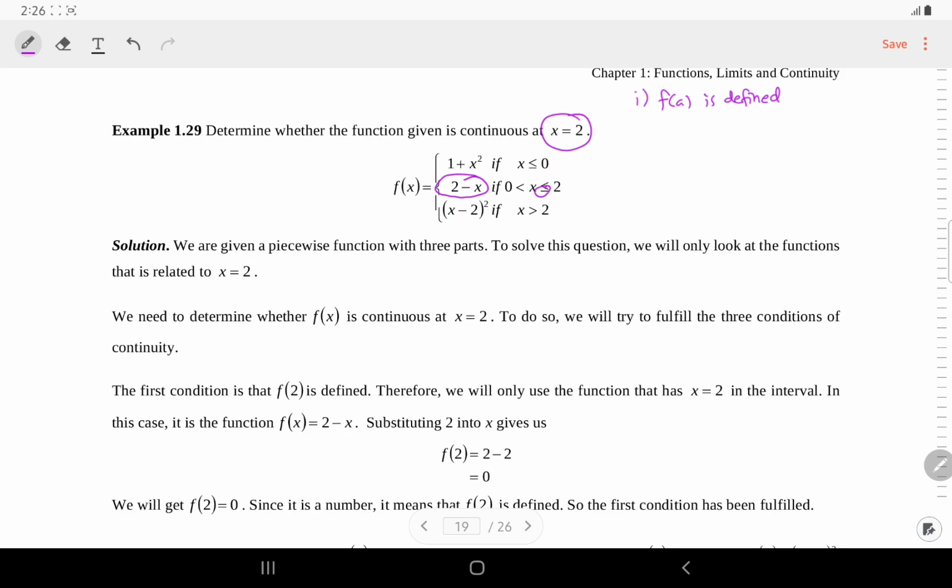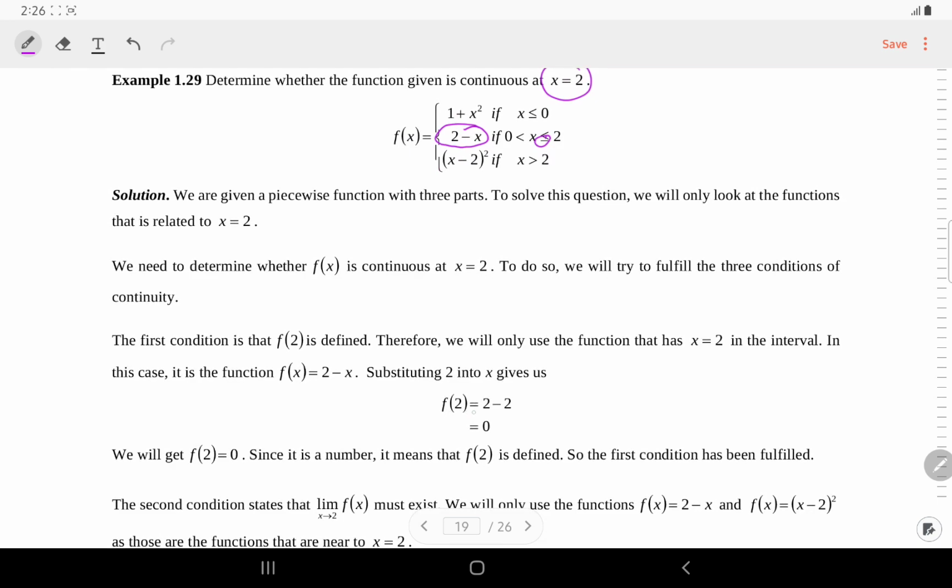So for the first condition, we will use the function x minus 2. We substitute 2 into the variable x in that function. It will give us f(2) equal to 2 minus 2, so it is equal to 0. Since 0 is a number, it means that f(2) is defined. So the first condition has been fulfilled.